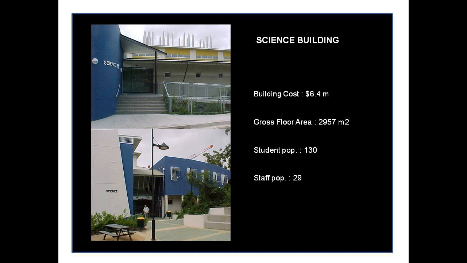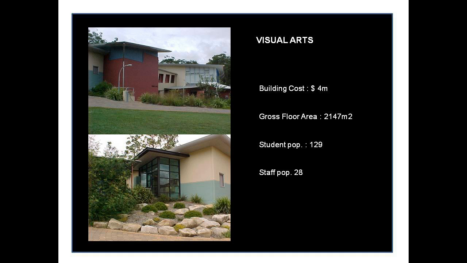The first building, a simple basic overview. It's a science building. It was around $6.4 million to build, just under 3,000 square metres of gross floor area, a student population of 130 and a staff population, or continued staff population within the building of 29.